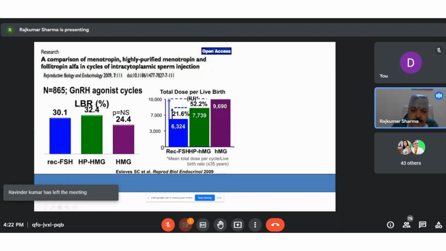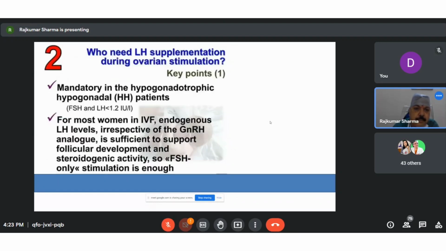Where FSH 6000 IU may be required for the full folliculogenesis, in the urinary product it may be 9000, so almost increased by 52%. The requirement is more, more injections are needed, and you all know that the number of injections also affects the quality of the eggs. The more injections required, the lesser the quality of the oocyte.